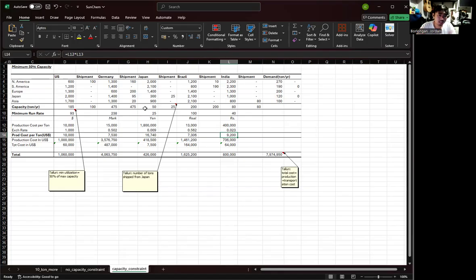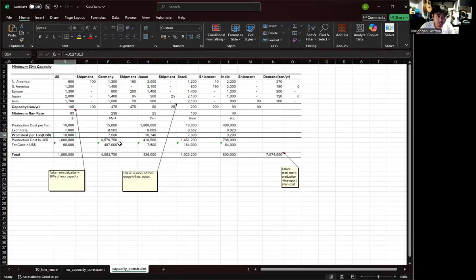In contrast to the US, which has few, we have Germany right here. Not only does it need tons of capacity, but it maximizes it in this instance. The reason is that it has a relatively low production cost per ton.